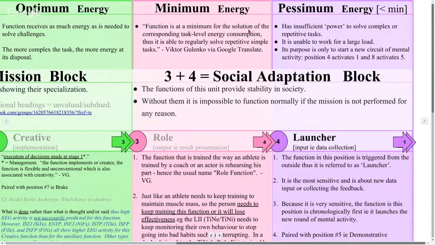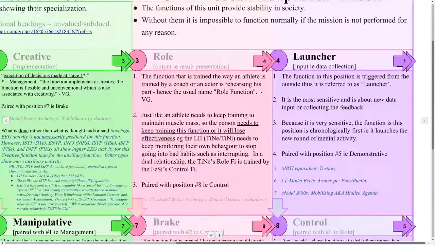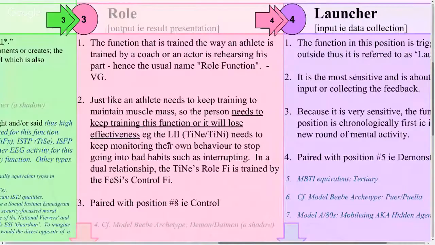So, the minimum energy for the role function. The function is at the minimum level of energy consumption for the solution of the corresponding task. Thus it is able to regularly solve repetitive simple tasks. That means that the energy just about matches what is necessary to solve the problem. So, role function. This function can be trained up.